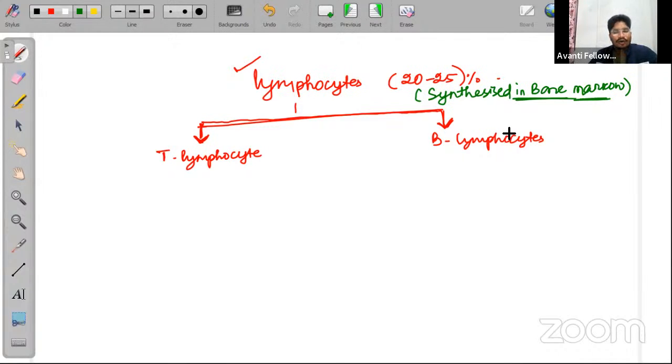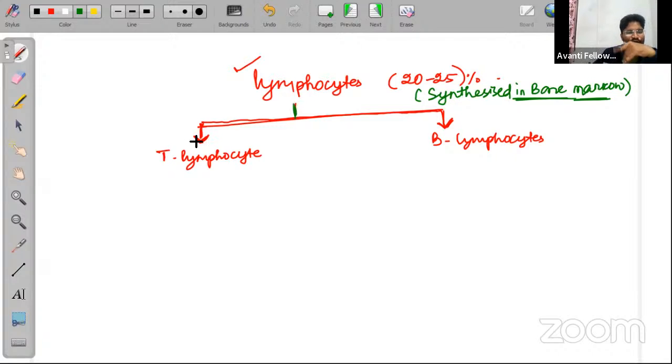Right? Okay. After synthesis of the lymphocytes in bone marrow, some of the lymphocytes migrate to a different organ to gain maturity, and that is the thymus. So what happens after formation?